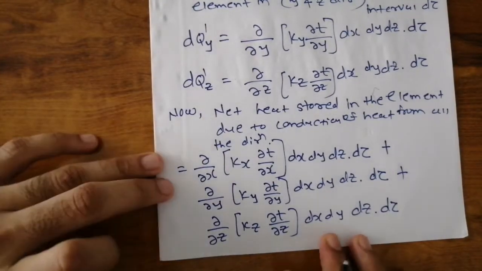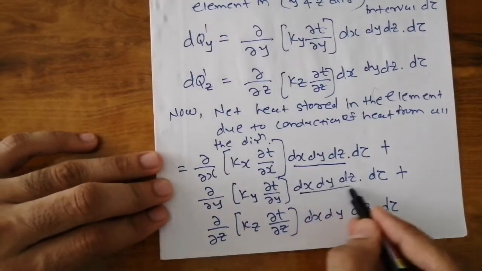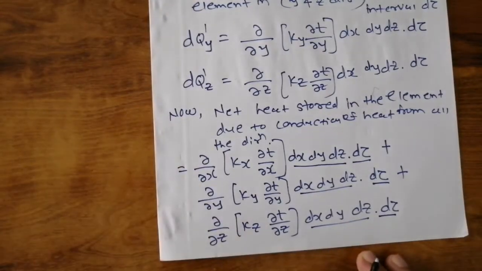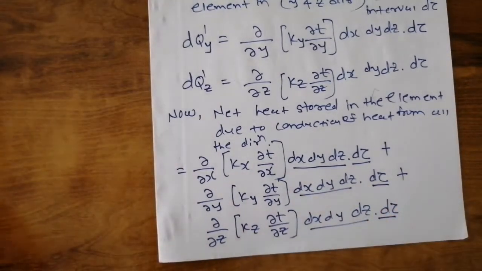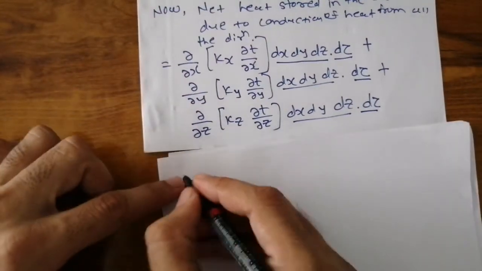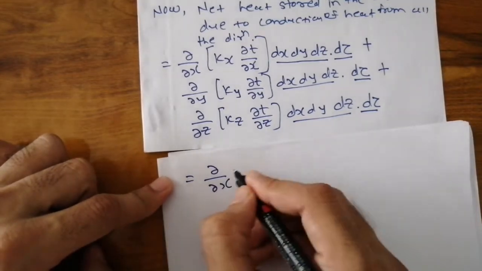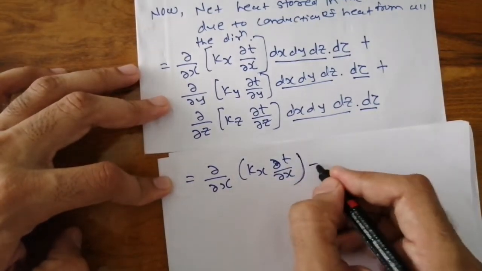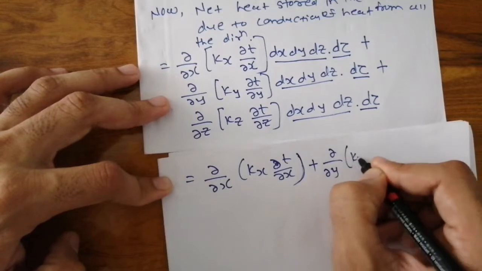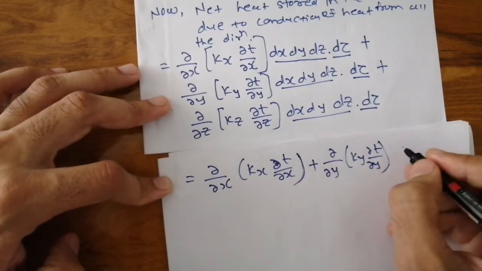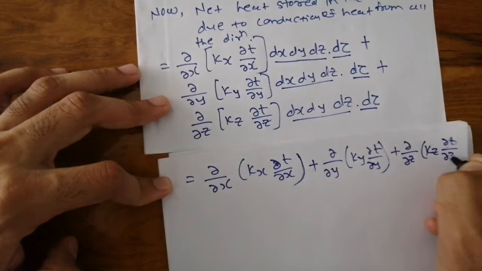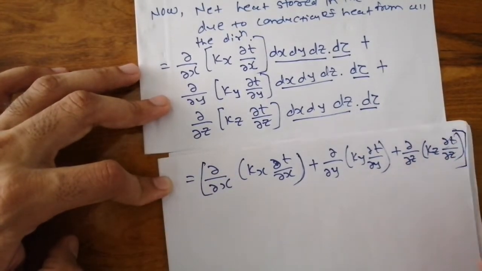Now from this equation, the volume of the element is the same in the x, y and z directions, so we take del tau common. Then this equation is equal to del by del x inside the bracket, kx del t by del x, plus del by del y, ky del t by del y, plus del by del z, kz del t by del z, in a big bracket.